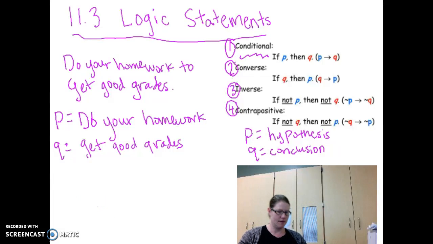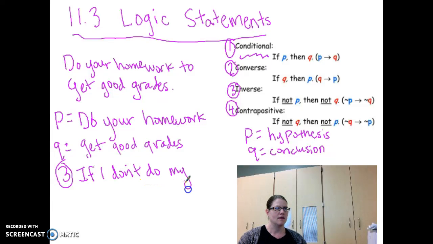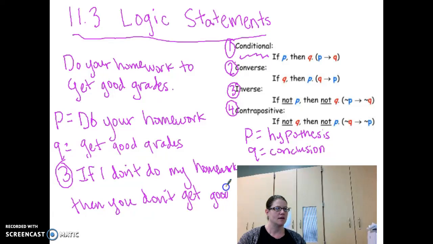The inverse here, number 3, would be if not P, then not Q. Since P is do your homework, it's going to be if you don't do your homework, then what happens? Then you don't get good grades. Okay, so that was called the inverse. We negate both of our statements. If not P, then not Q.